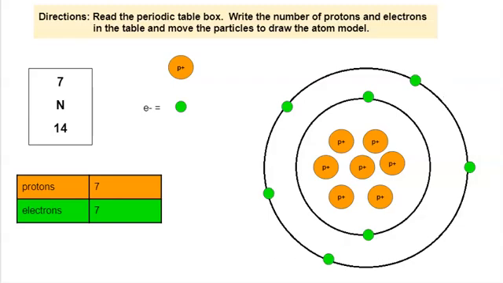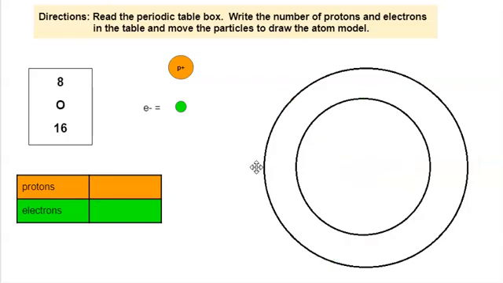Let's try one last one on your own before you go. Oxygen. Pause the video and write down how many protons and electrons there are. Okay, so you should have found that there are 8 protons and 8 electrons, using the smallest atomic number in the periodic table box.